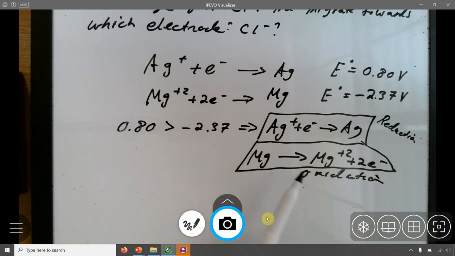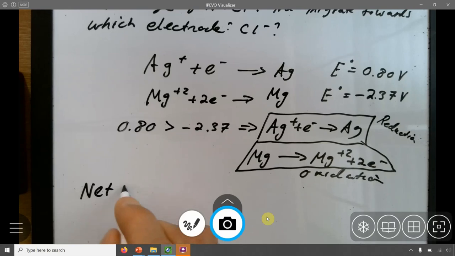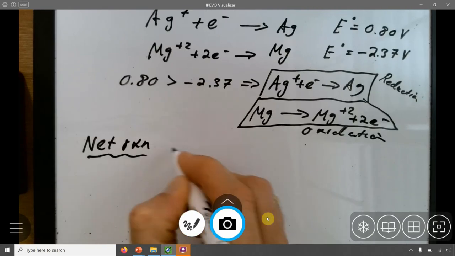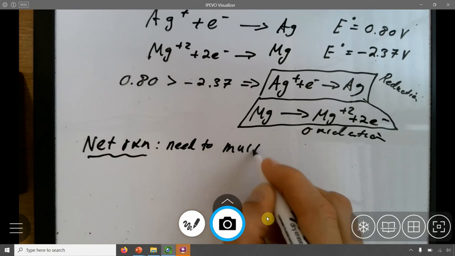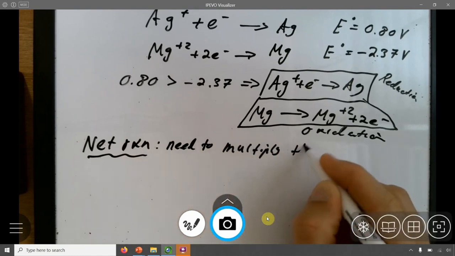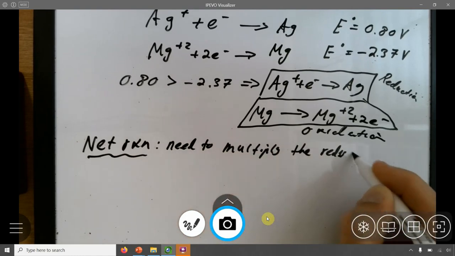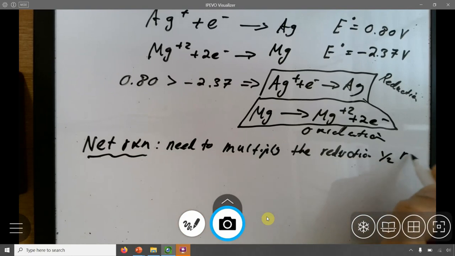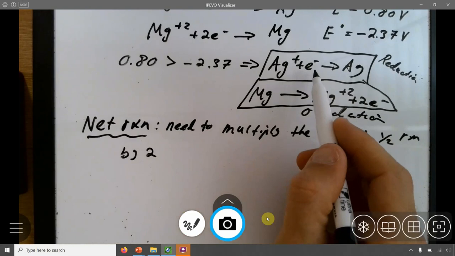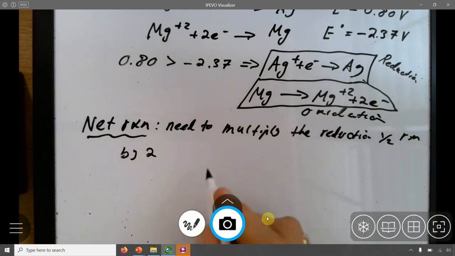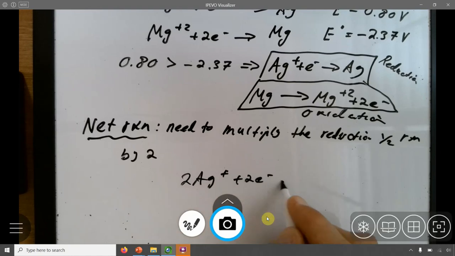Okay, so now I know which one is getting reduced and which one is getting oxidized. Now to write the net reaction, I need to multiply the reduction half reaction by 2 so that I can cancel out the electrons. I don't want the electrons there. So I will get 2Ag plus plus 2 electrons going to 2Ag.